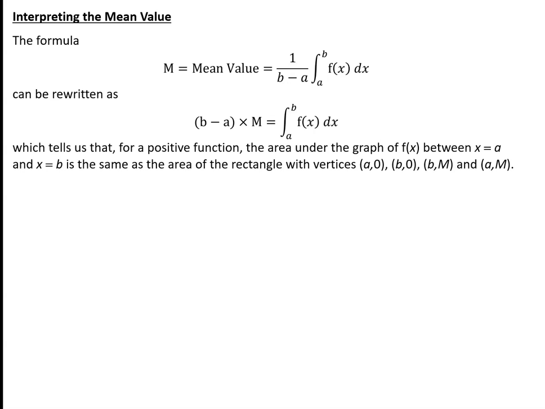So for a positive function, the area under the graph of f of x between x equals a and x equals b is the integral between a and b of f, and that is exactly the same thing as b minus a times m, which is the area of the rectangle with vertices a0, b0, bm and am.